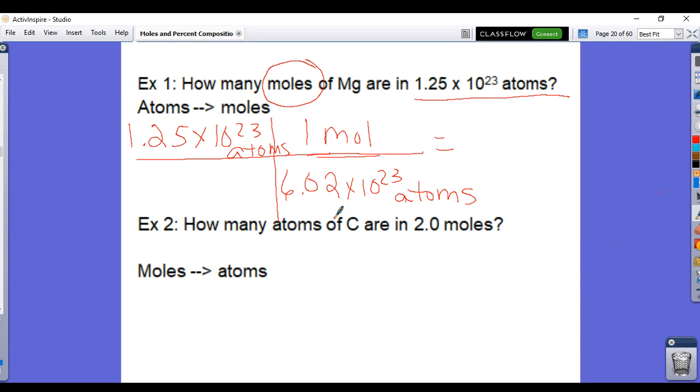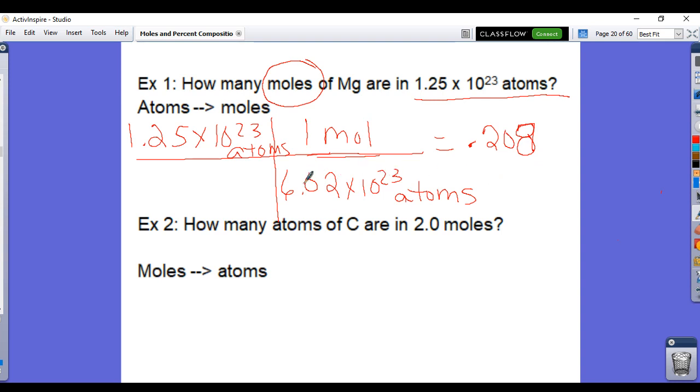So I'm going to divide it by 6.02 EE23, and that gives me 0.207, and that will change to an 8 actually. So if you look on your calculator, you should have gotten 0.2076411. It keeps on going.